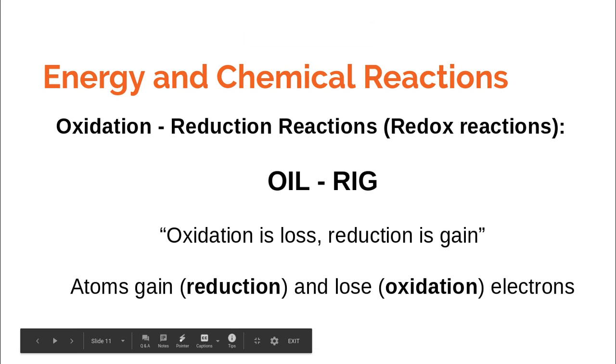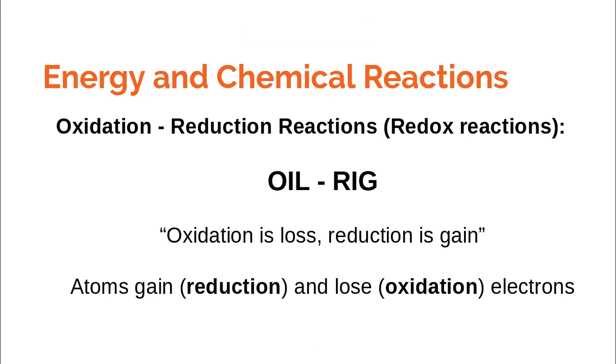In an oxidation reduction reaction, it's important to remember that electrons are being exchanged. Usually, we have one molecule or atom that is stealing electrons and the other that is losing electrons.